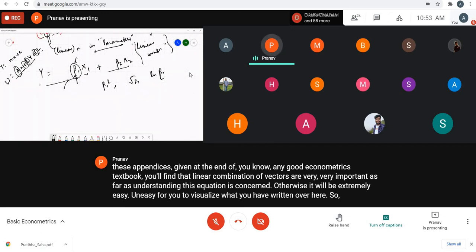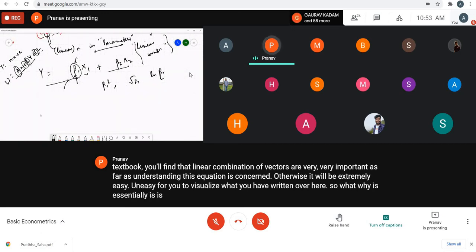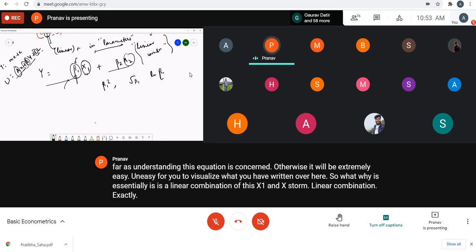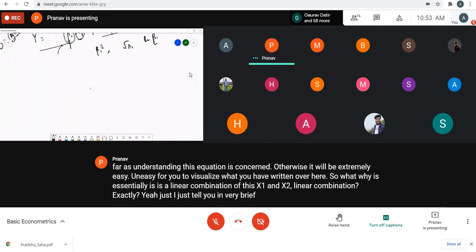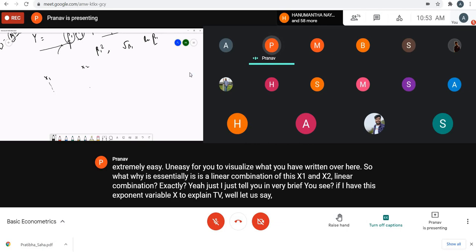So y essentially is a linear combination of this x1 and x2. Linear combination exactly क्या है? I'll just tell you very briefly. You see, if I have this x1 explanatory variable, x2 explanatory variable, let us say you have three individuals.